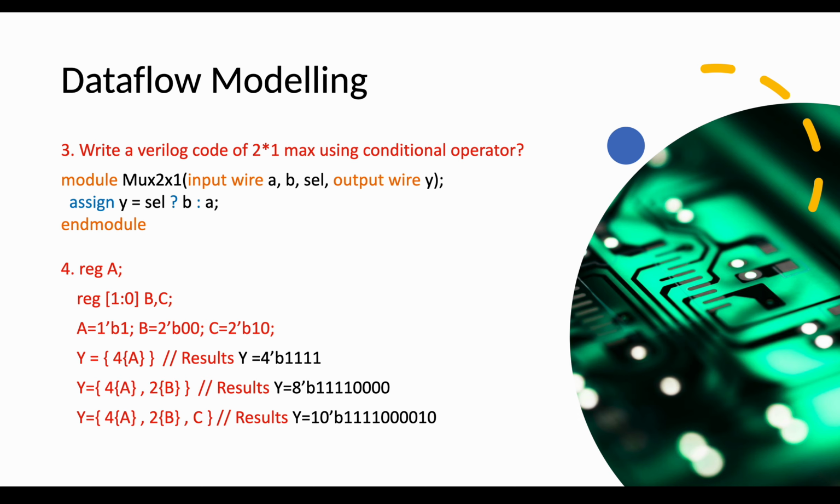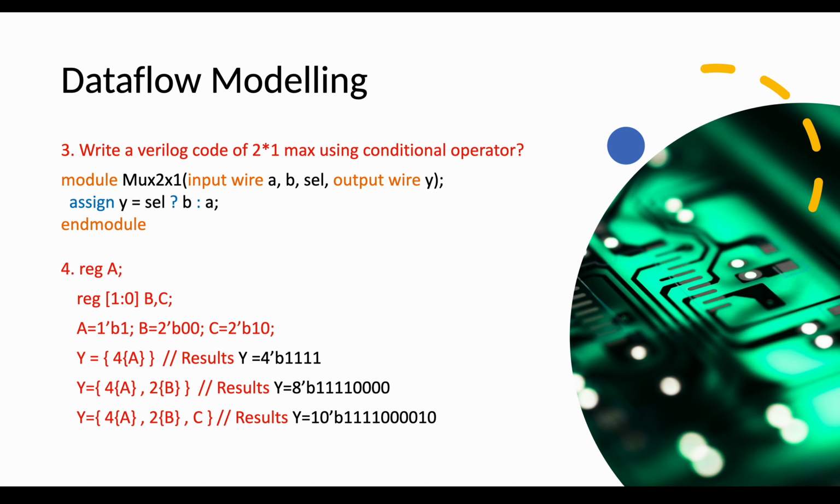If you want to represent output Y as a register, then you have to write output reg Y. Otherwise, it will treat it as a wire only. So if there is no wire represented, no issue. If you are representing wire, no issue.